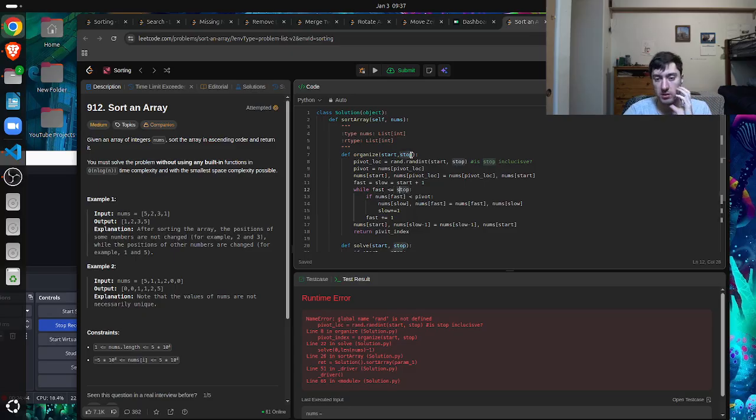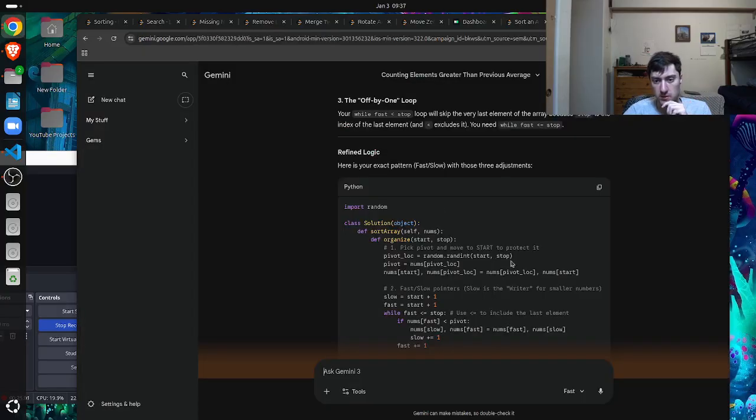Because stop is inclusive, we need to count this element. But here I don't seem to actually be sorting anything. Let me just get this. I'm just going to copy and paste this one. Random.randint. Okay, whatever.